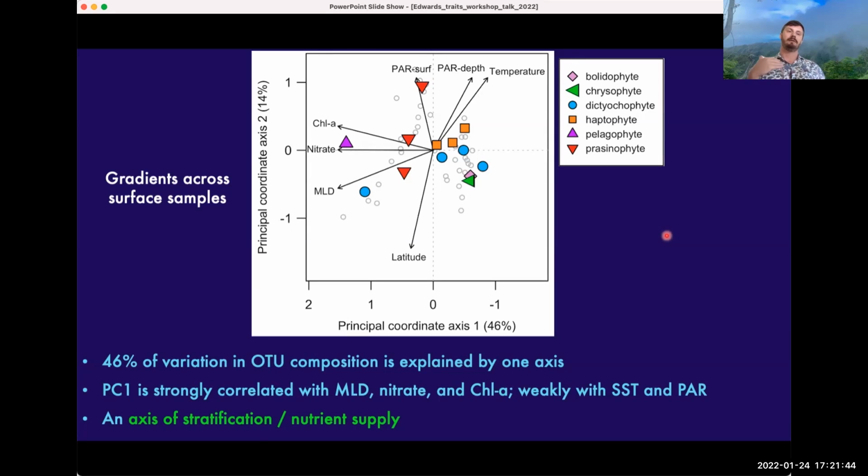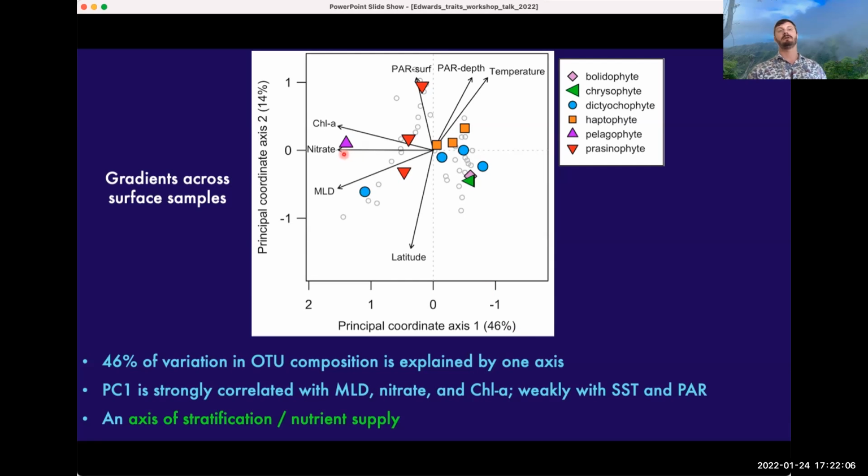Okay, so that was a pattern with depth. Now we're going to look across all these different locations using the surface samples. So if we take our 13 OTUs, do a principal coordinates analysis, 46% of the variation in composition is explained by this one principal coordinate axis.